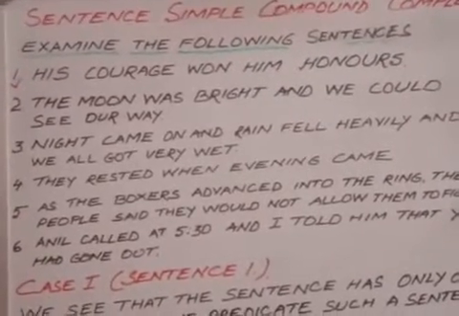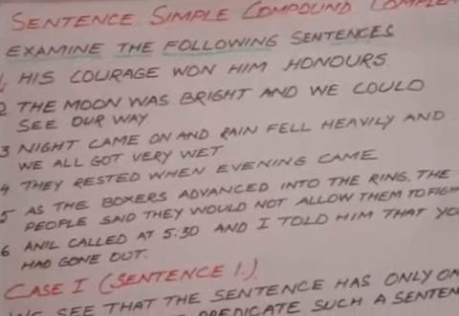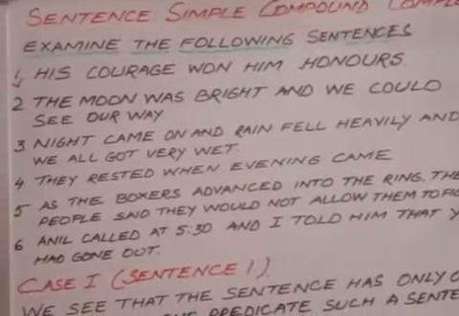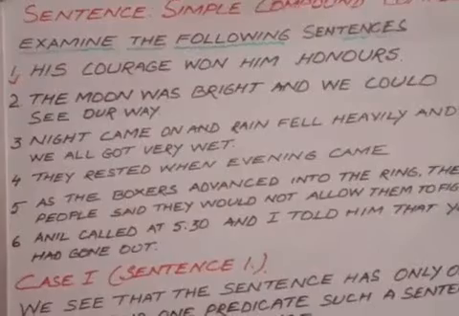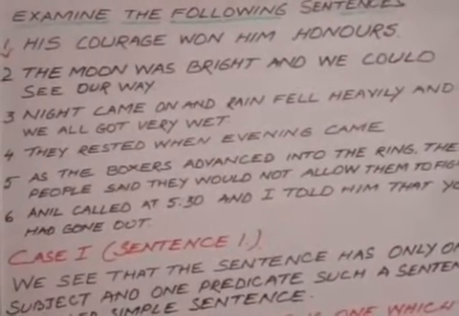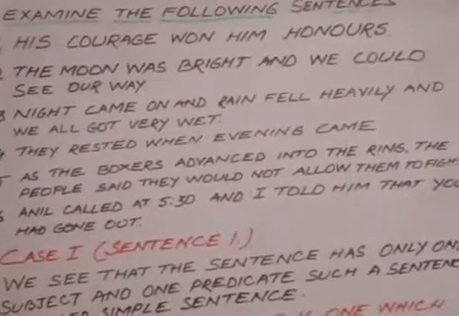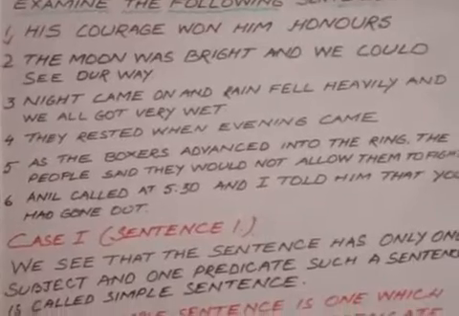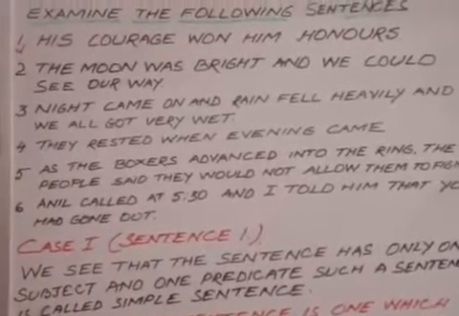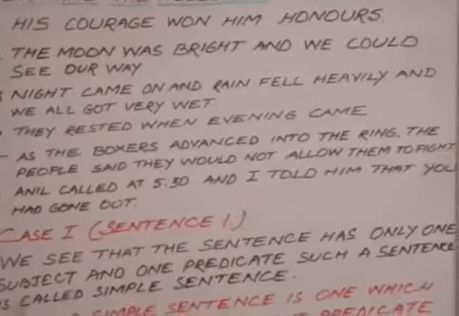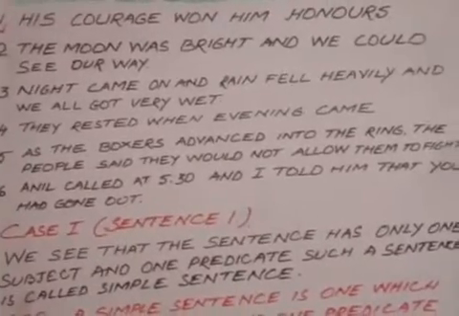Number 1. His courage won him honor. Number 2. The moon was bright, and we could see our way. Number 3. The night came on, and rain fell heavily, and we all got very wet. Number 4. They rested when evening came. Number 5.